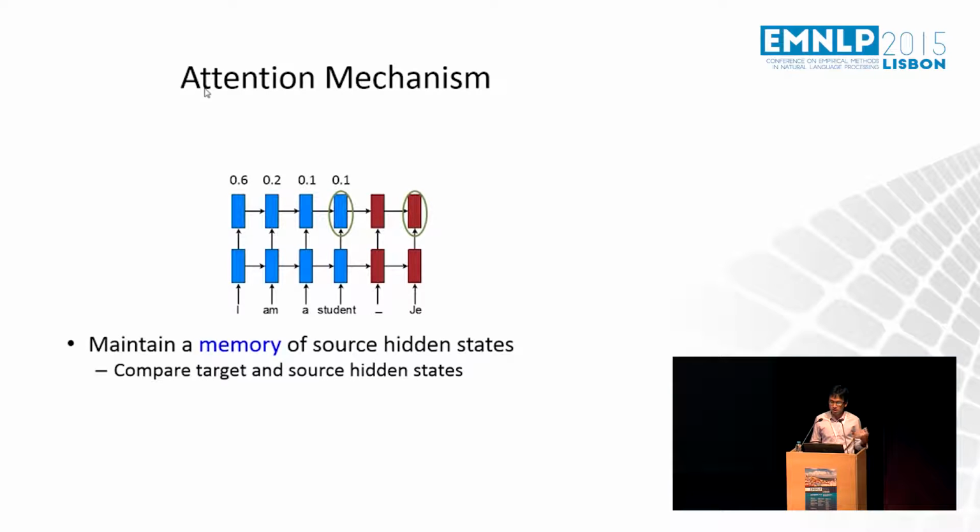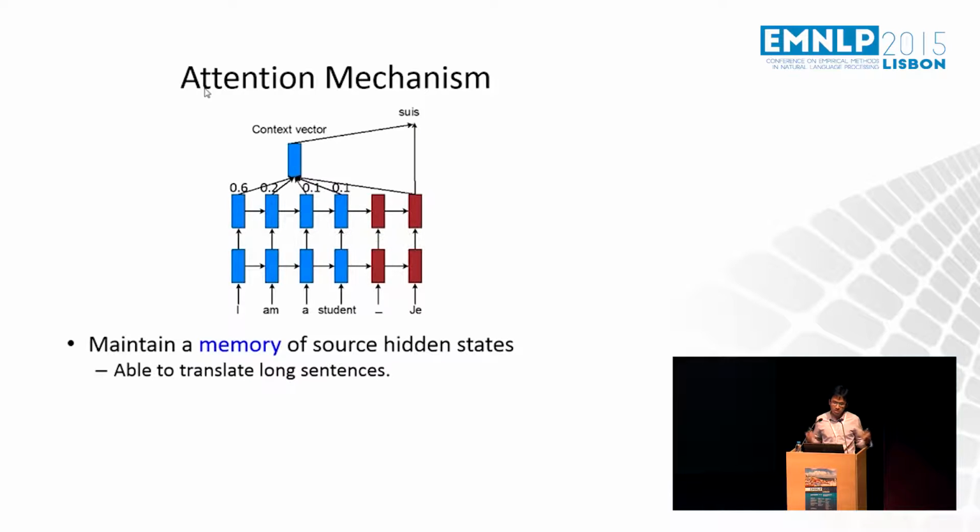Finally we compute a context vector, which is just a weighted average of all the source hidden states. Given the context vector, we can combine it with the current target hidden state and translate. With this mechanism, we are able to translate very long sentences.